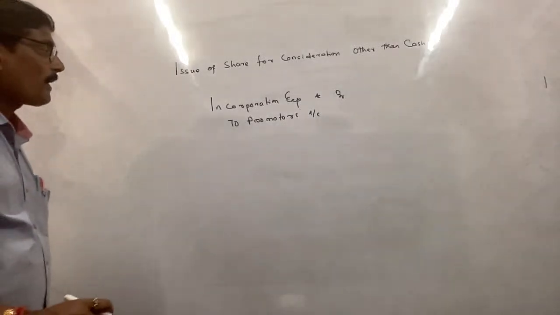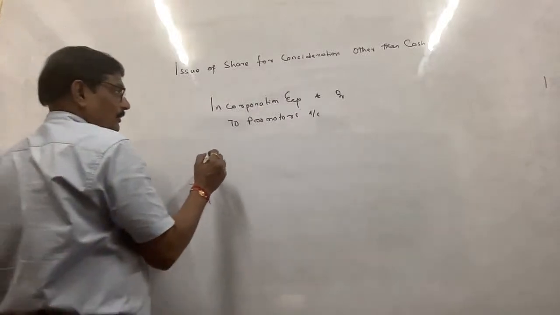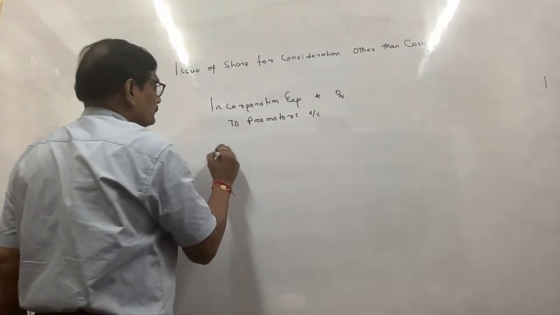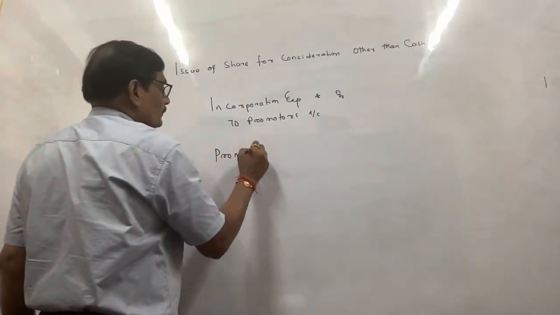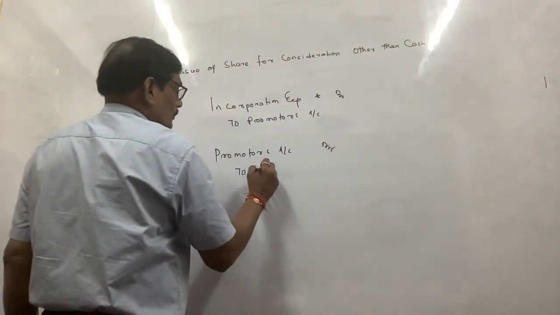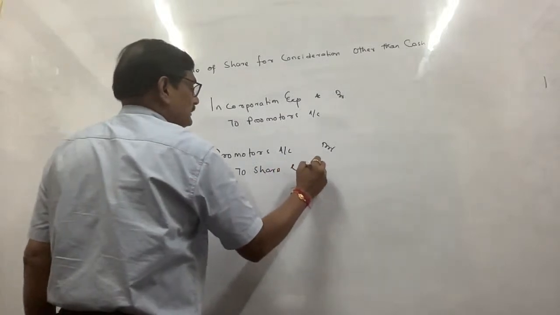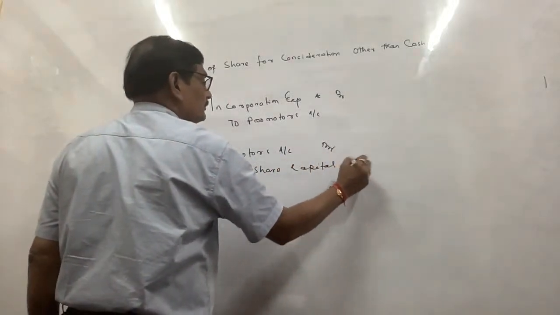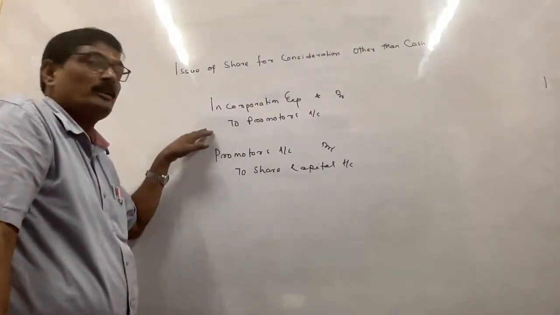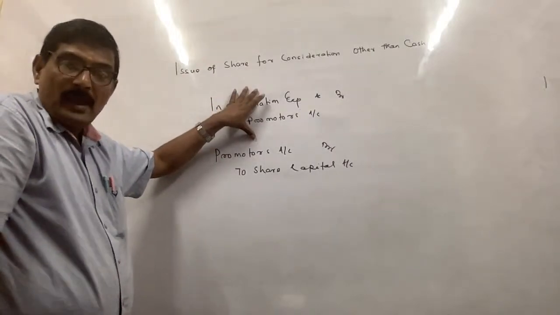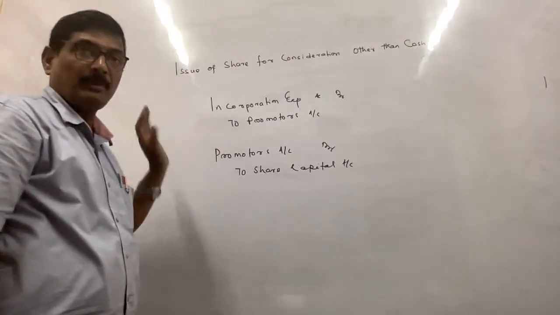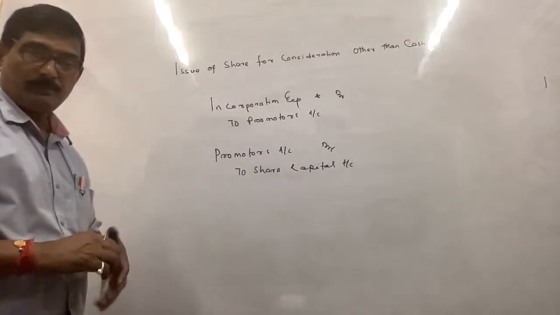And then for allotment of share to the promoters, the entry will be promoters account debited to share capital account. Incorporation expenses account debited to promoters account. This is the due entry, and when we allot the share to the promoters, the entry will be promoters account debited to share capital.